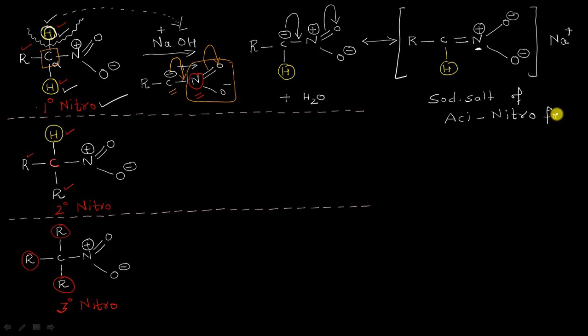The aci-nitro form. And from where do we get the sodium salt of the aci-nitro form? Of course, from this primary type of nitro compound.